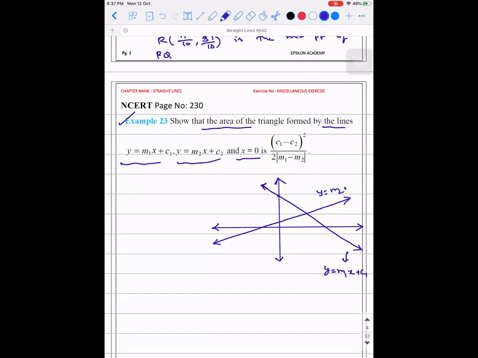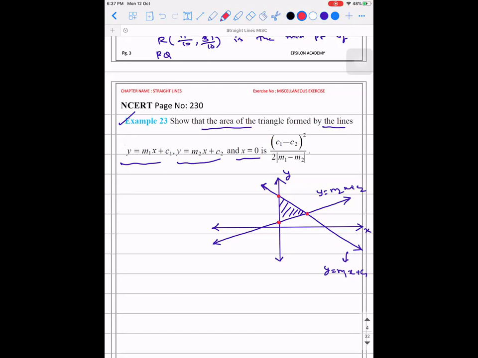This is y = m2x + c2. Okay. So this area is what they're asking, because x = 0 is what? Is the y-axis. So what you need to do is find the coordinates of the first point, second point, and third point.